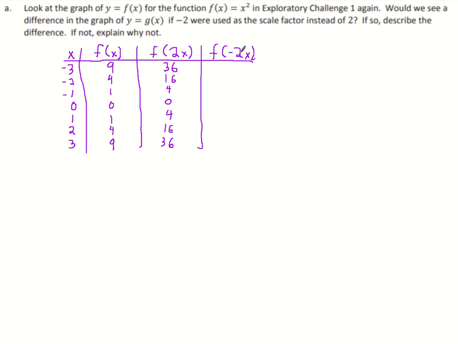Well, -3, if I were to plug in -3 here, it would be -2 times a -3. That gives me a +6. So negative times a negative gives me a positive. And then +6 squared, that gives me 36.